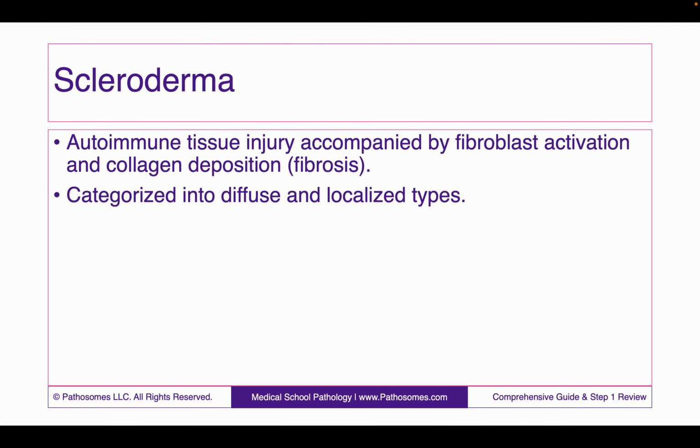Now, what's scleroderma? Scleroderma is an autoimmune tissue injury accompanied by fibroblast activation and collagen deposition or fibrosis. Scleroderma is broken down into two types, whether diffuse, systemic, or localized, one region, one organ, right?